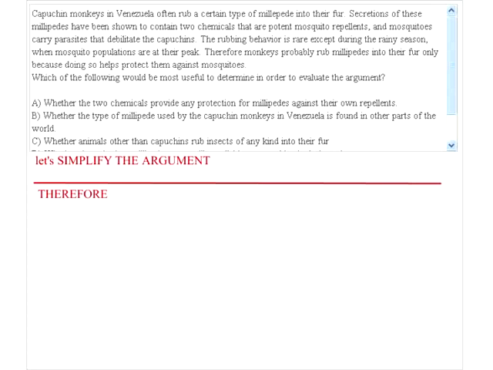So let's go ahead and fill this in. Yeah, okay, the one that Alina typed into the window there is nice and compact, so let's do that. The conclusion is that rubbing the millipedes must protect against mosquitoes.